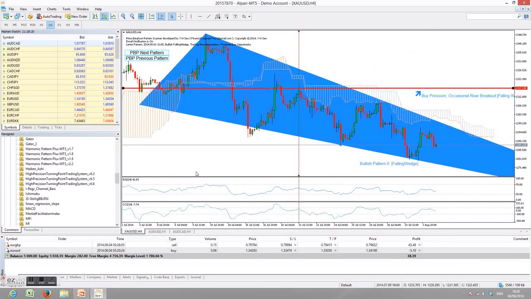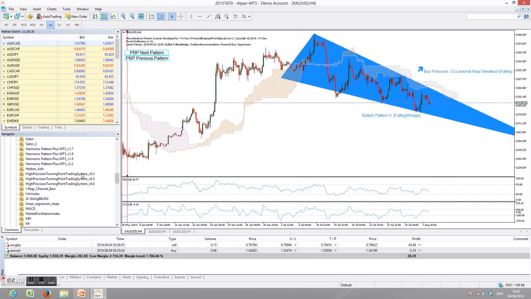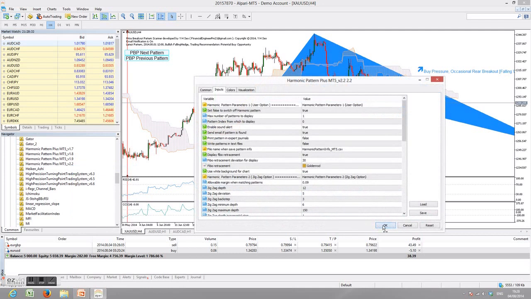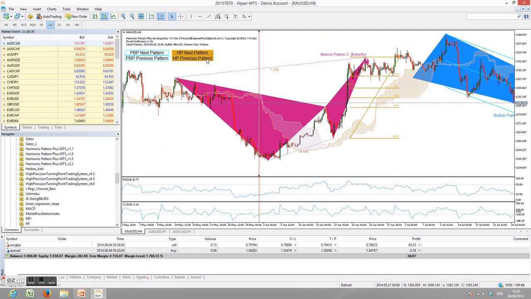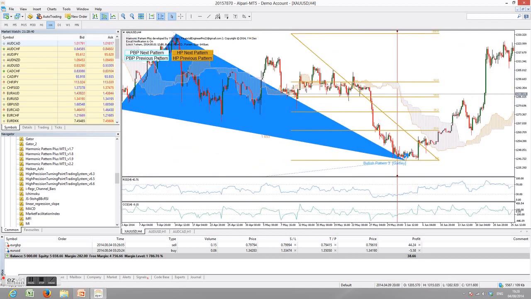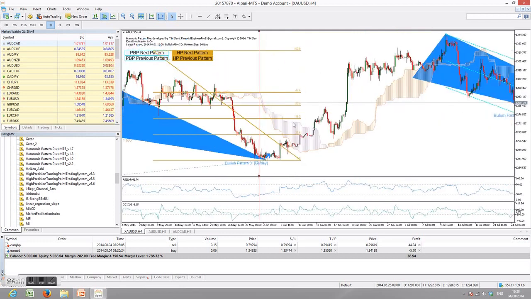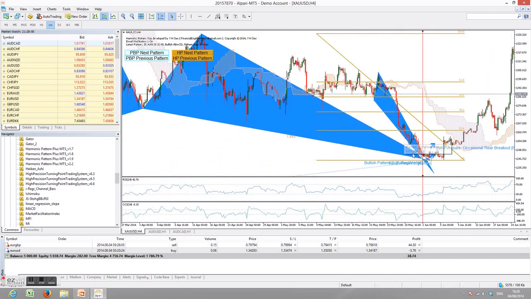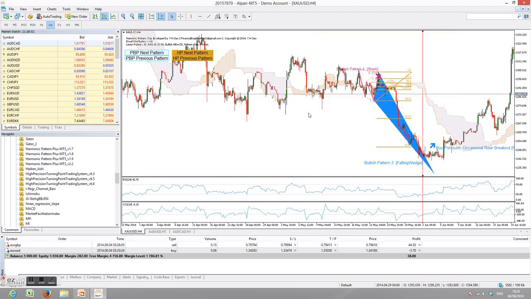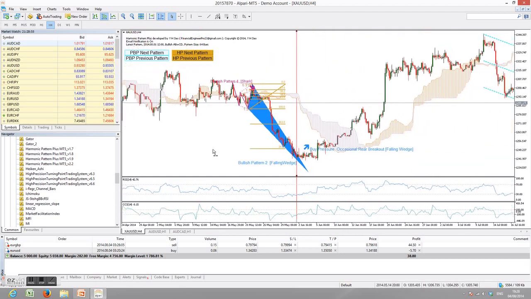For example, if we go back and just delete these lines, and add Harmonic Pattern Plus MT5, now let's see. Here, look at this. Now this is a falling wedge pattern.